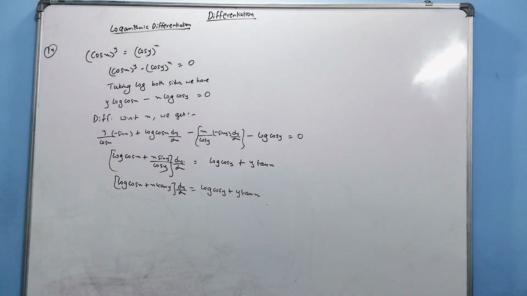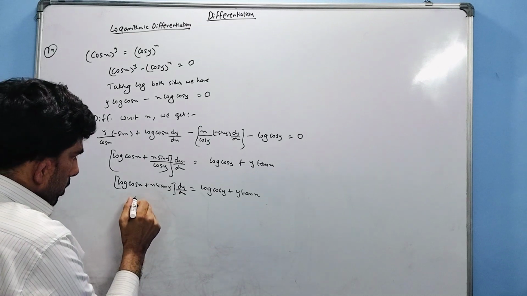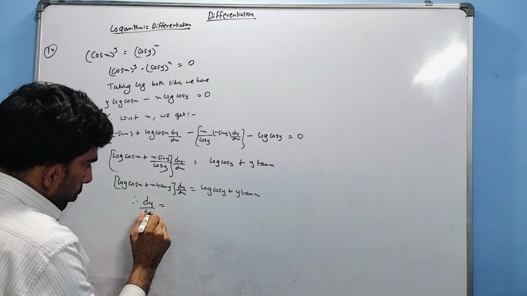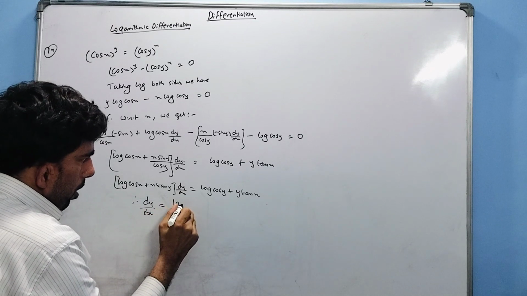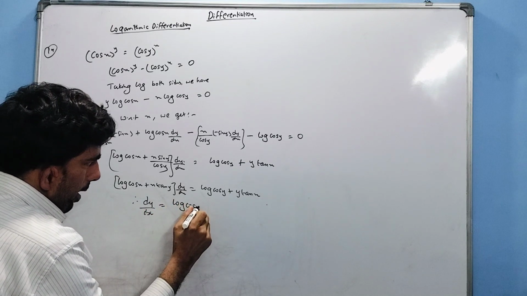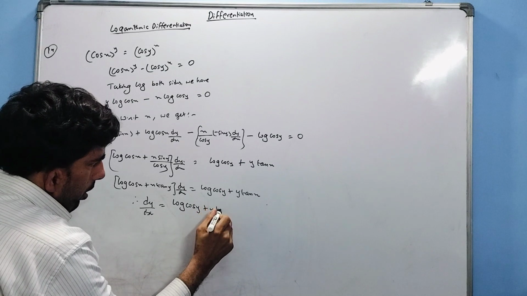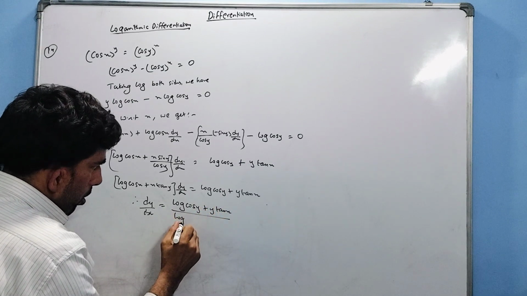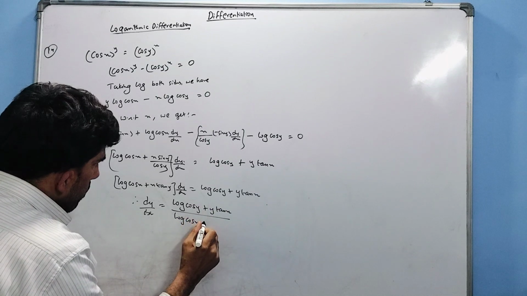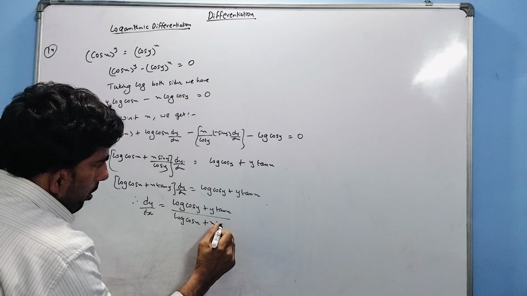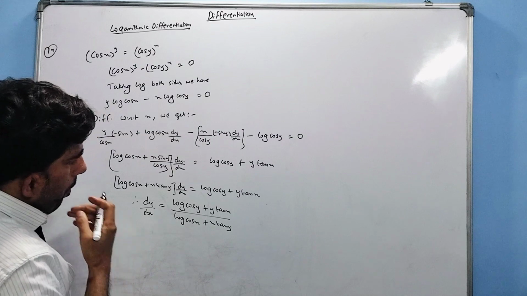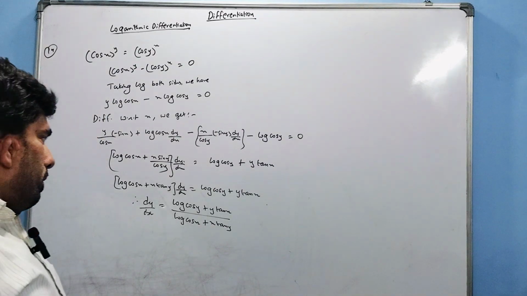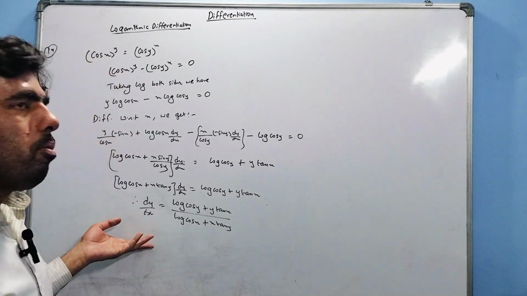Therefore dy upon dx is equal to log of cos y plus y tan x upon log of cos x plus x tan y. That is how we find dy upon dx using log.